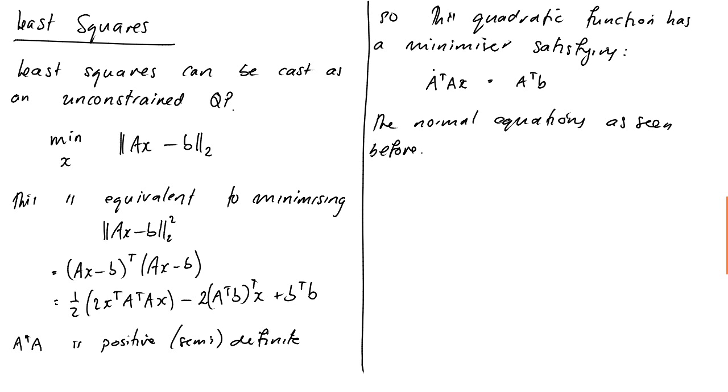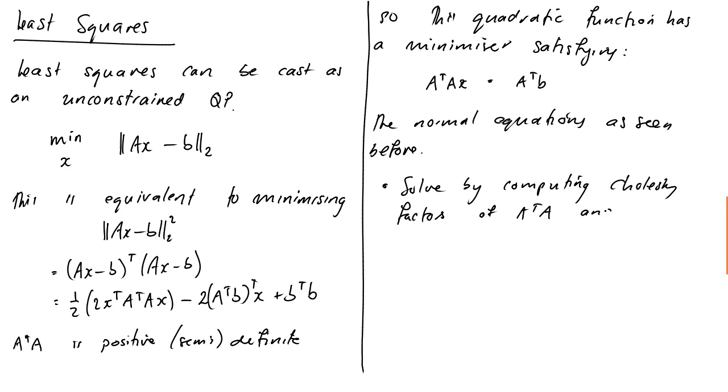When you actually solve these in practice, because this is positive definite, you solve this system by Cholesky factorization. So the standard normal equations method for solving the least squares problem is by computing Cholesky factors of A transpose A.